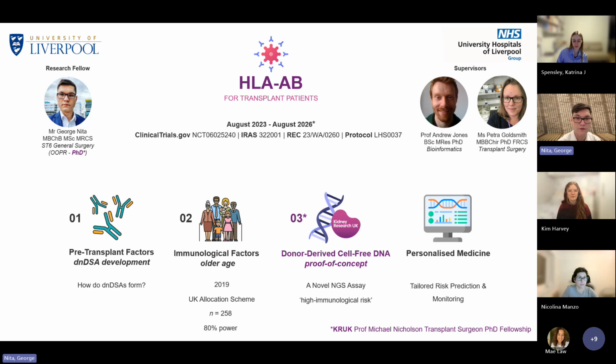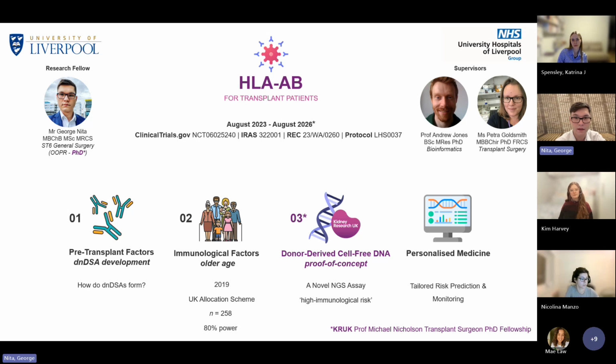So first, we're trying to understand whether there are any pre-transplant factors that lead into you developing antibodies against your donor. And then we want to see whether there's anything that we can do to bring equity in the older age group of patients, because we know that the allocation scheme has changed in 2019, meaning that if you're older, you're more likely to be matched with a kidney that is of inferior quality.